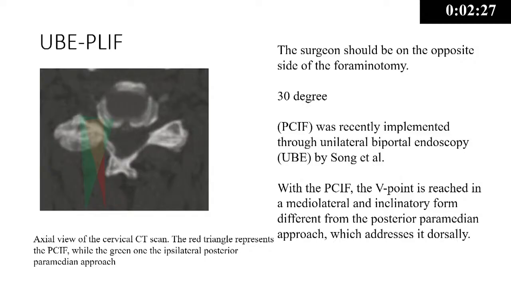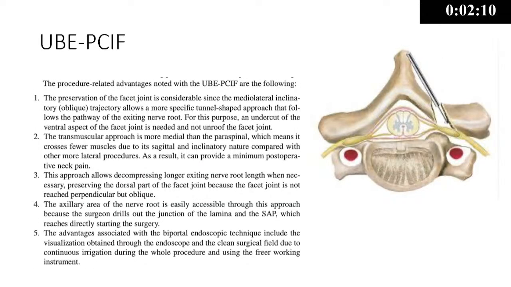So it is like this. In the traditional approach we will do this, and in inclinatory foraminotomy we will be inclining towards this. Generally, in inclinatory foraminotomy, the surgeon stands on the opposite side of the foraminotomy. We go from the opposite side, and generally we use a 30-degree endoscope for better visualization, but it can be done with 0 degree.